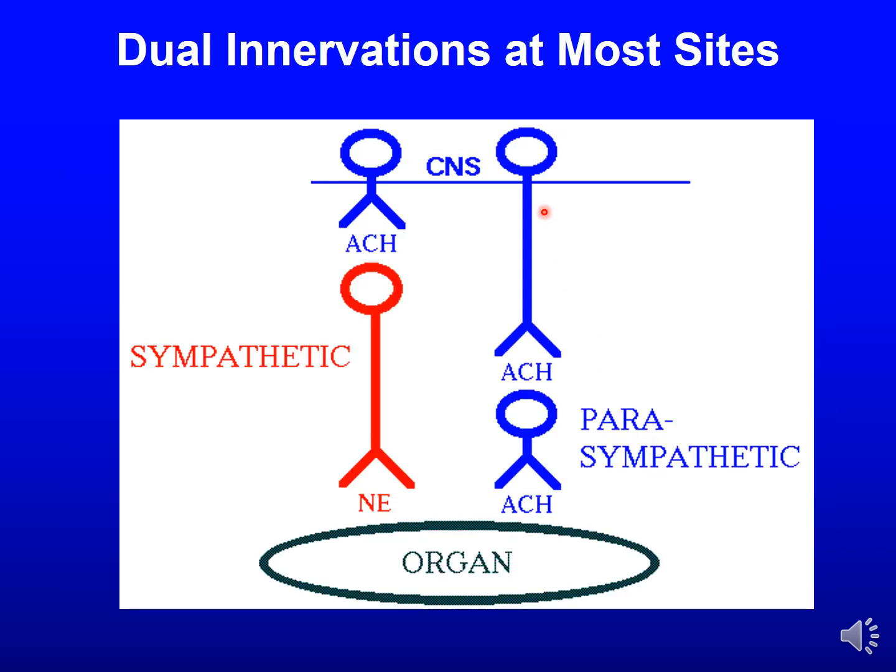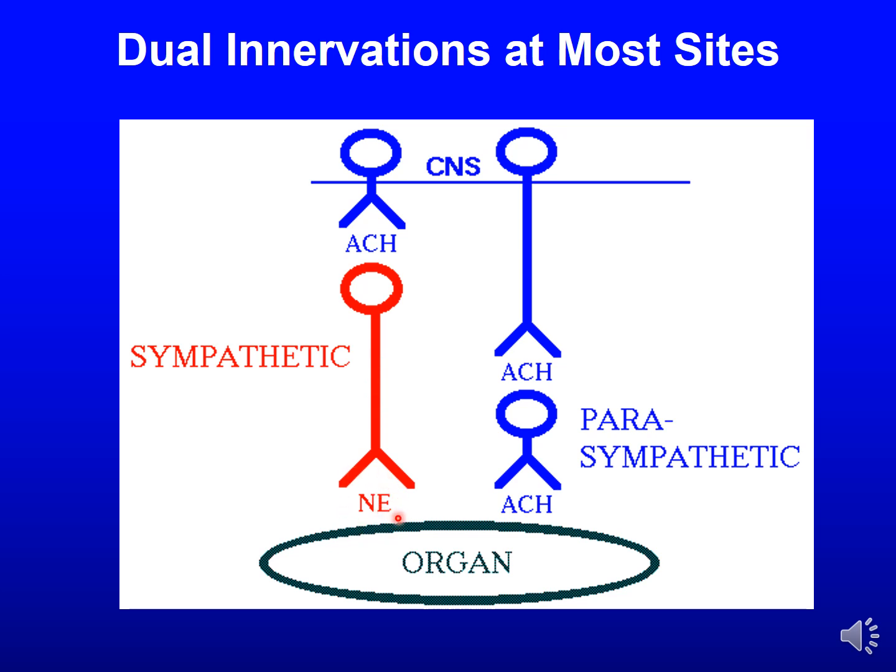Let's come back to this slide again. This simple slide summarizes everything. We have the central nervous system that sends the preganglionic neuron in both the parasympathetic and sympathetic nervous system. They will release acetylcholine in the ganglia, where they will bind to the postganglionic neurons, where they send their axons toward the different tissues of the organ.